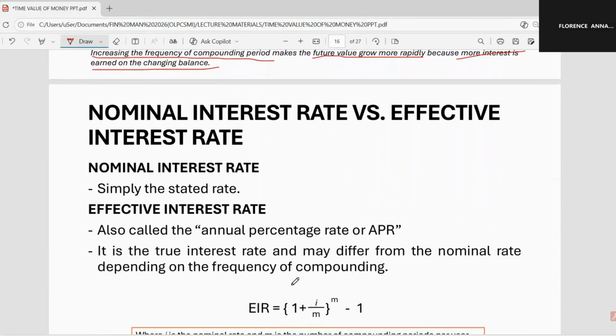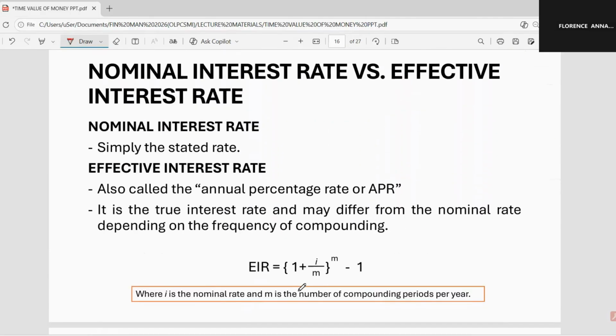Now, let's move to the distinction between your nominal interest rate and your effective interest rate. Pag sinabi nating nominal interest rate, it is simply your stated rate. You can usually see this in the terms of the loan. For example, a loan of 1,000 at 10% per annum.